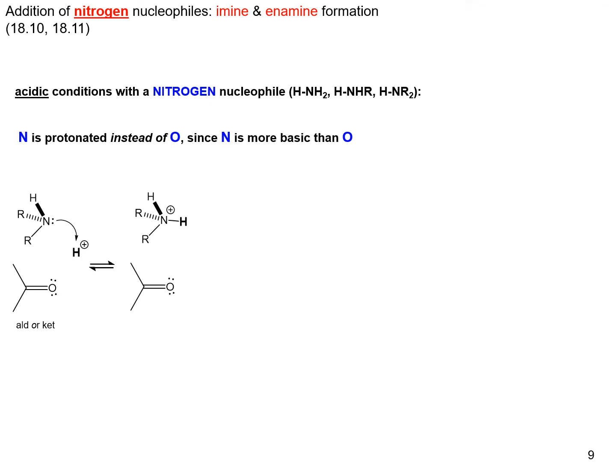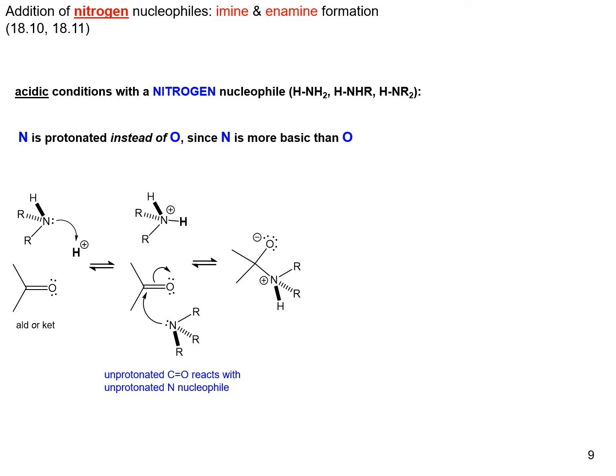So when you write out mechanisms involving nucleophilic attack on aldehydes and ketones under acidic conditions, first have the unprotonated carbonyl react with the nitrogen nucleophile. So nucleophilic attack occurs before protonation.